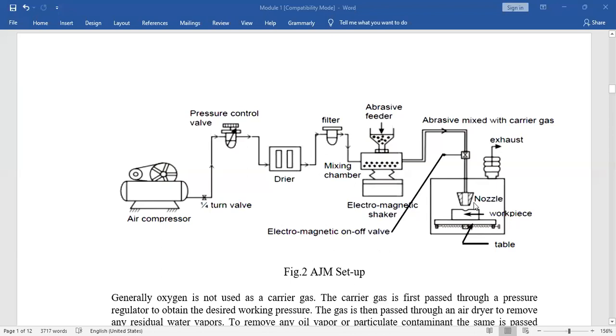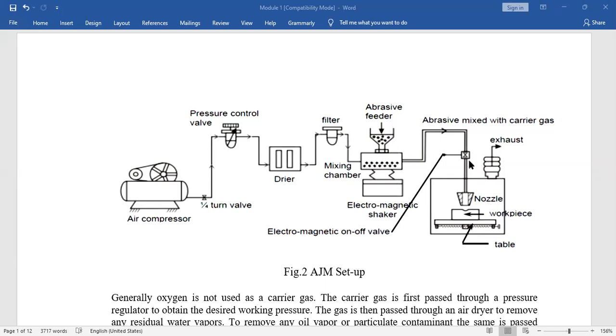Now you can see that generally the machining action in abrasive jet machining takes place in a closed chamber. Why? Because if it is an open chamber, there will be some operator.